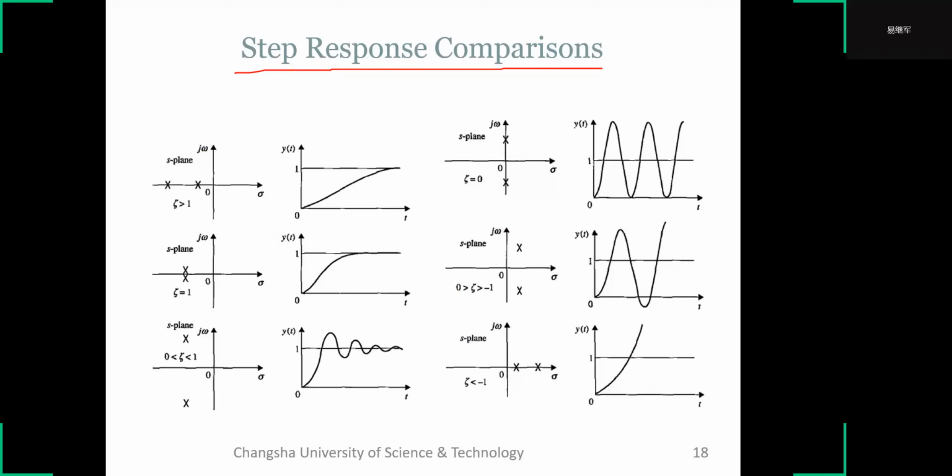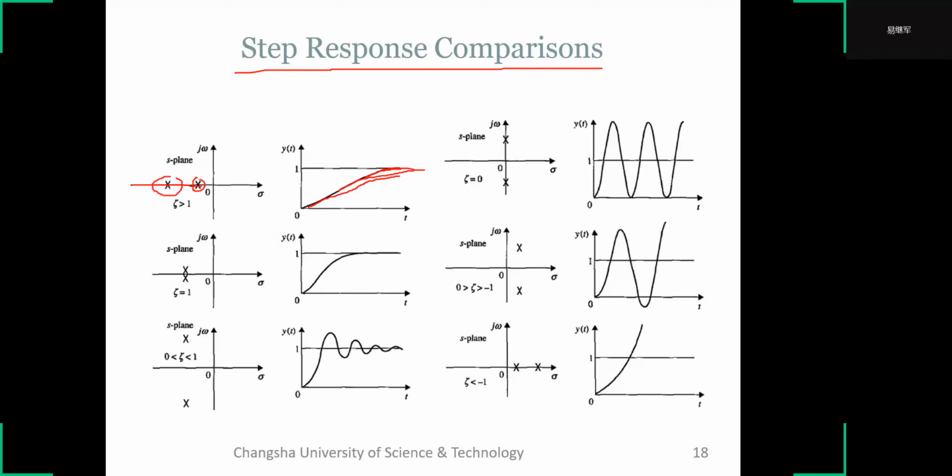From the figure, we can see if the pole is on the minus axis, the response curve is like this, which means the system is stable.